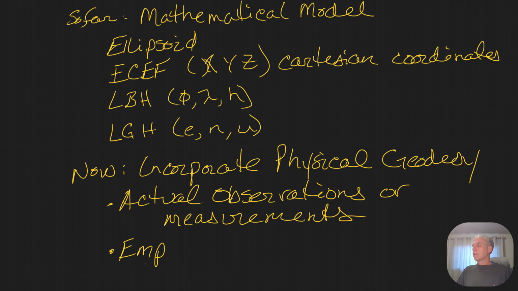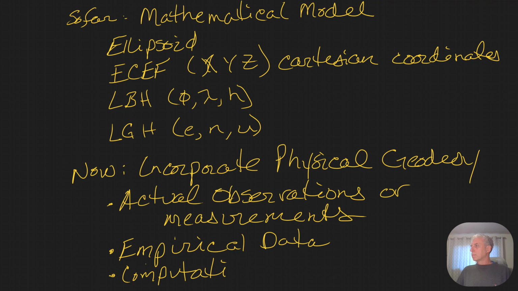So empirical data is actually the data resulting from the observations and measurements and the computations that we make from those actual measurements. Empirical data and computations from measurements.